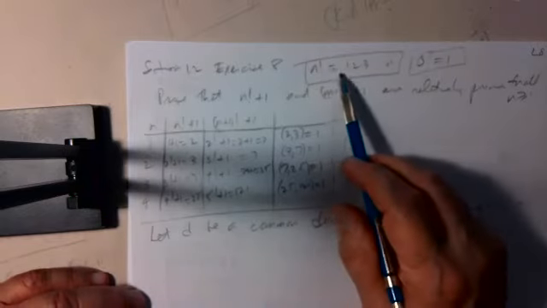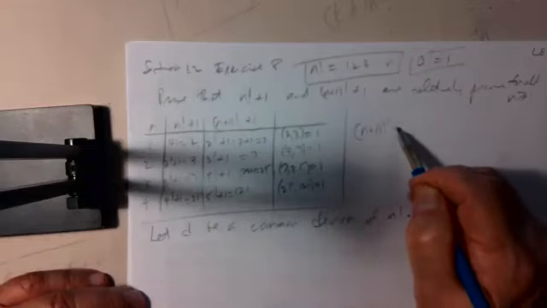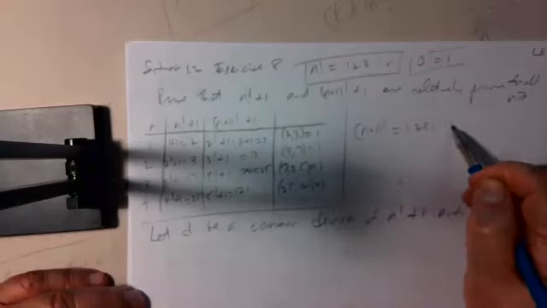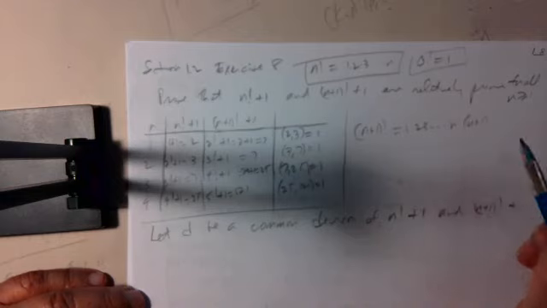So again, n factorial is the product of the numbers up to n. n plus 1 factorial is the product of the numbers up to n plus 1.